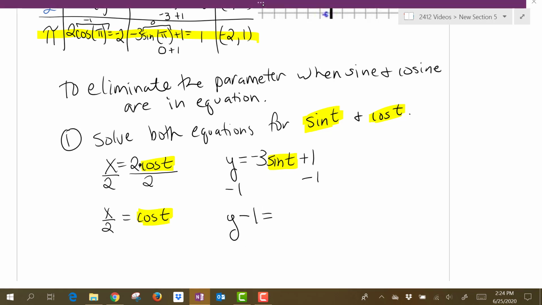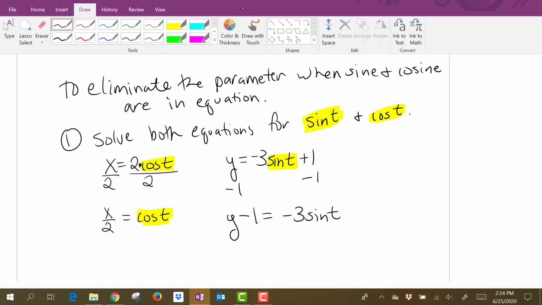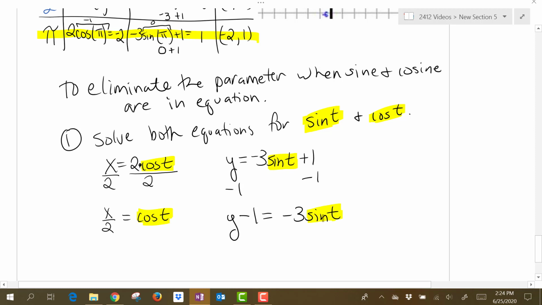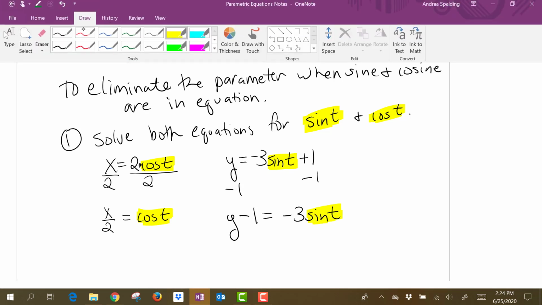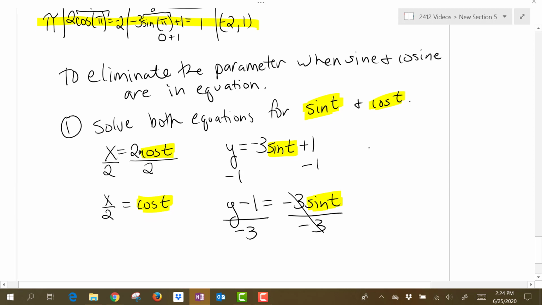They sit side by side. Alright, so now you have negative 3 times sine t. Once again, still trying to get sine t by itself on one side. I'm going to divide both sides by negative 3, and I have to do that to everything on the left-hand side. So now I have y minus 1 divided by negative 3 is equal to sine t.